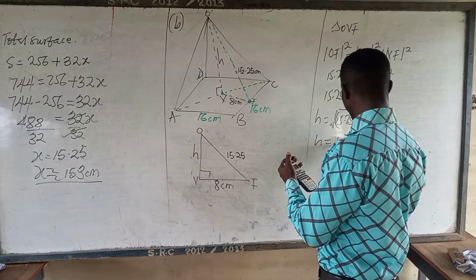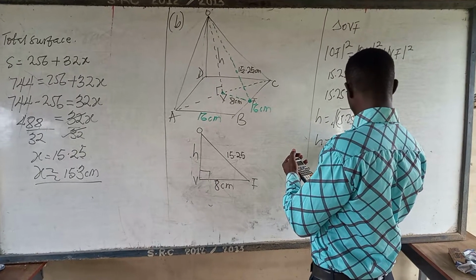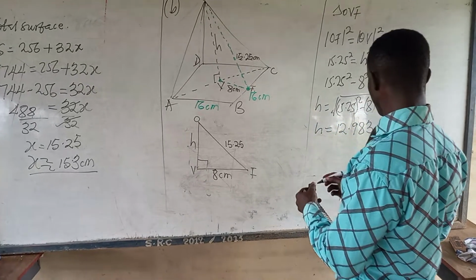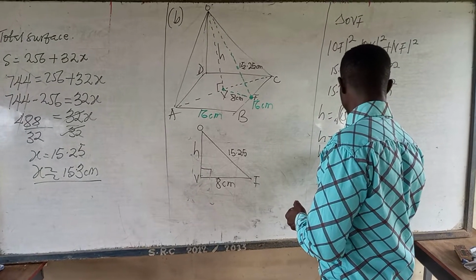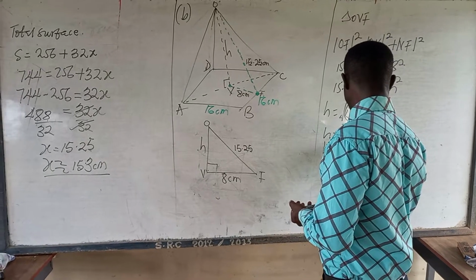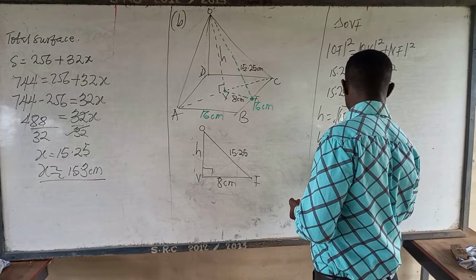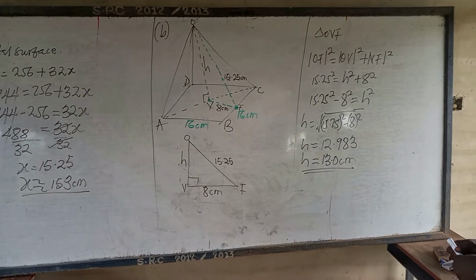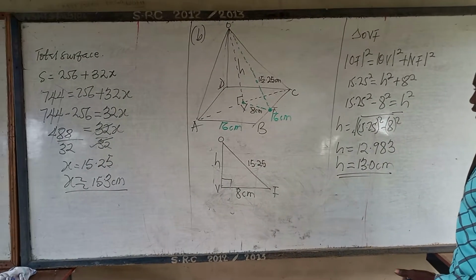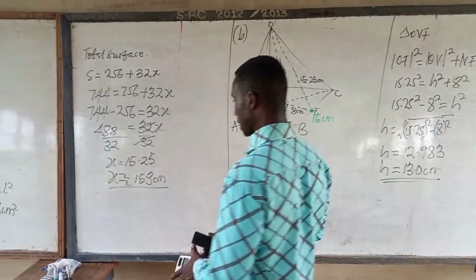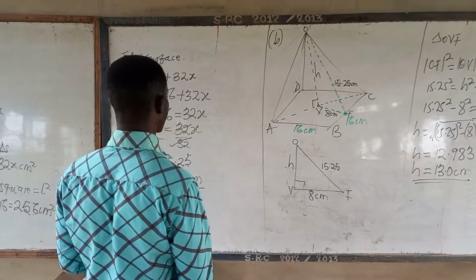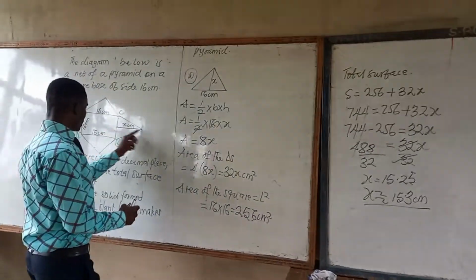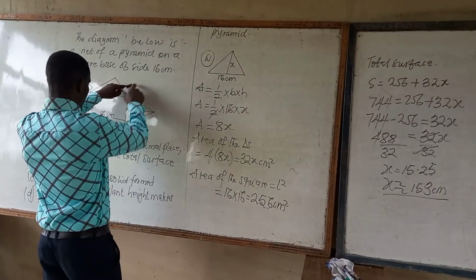That will give us 12.983. So H will be equal to 13.0 centimeters. H is equal to 13.0 centimeters. That is for question B. One important thing you have to know is that the height here, which you have calculated, of the triangle, is part of BC.